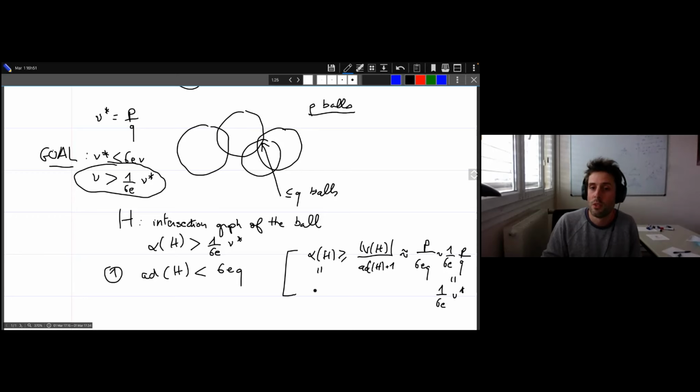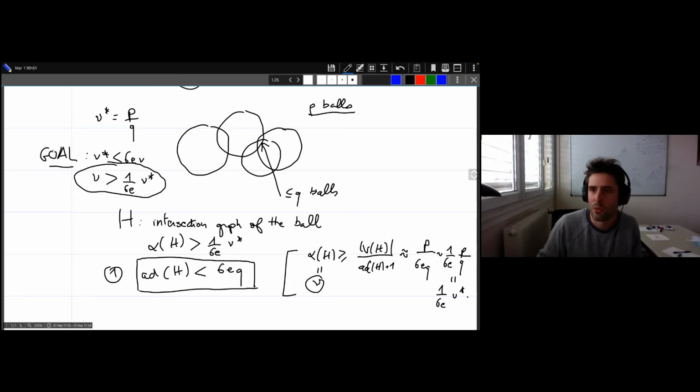So we have that nu is at least 1 over 6e times nu star, and this is exactly what we wanted. So the only thing we have to prove is that our graph has a very small average degree, 6eq. Okay, we agree on that?